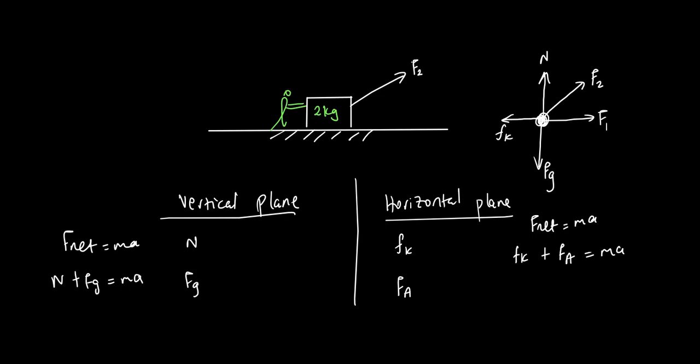So my question now is, since F2 is acting diagonally, do we say it's part of vertical or part of horizontal? Actually, I think that is what Mr. Kevin is asking. Do we say F2 is part of horizontal or part of vertical? I'd like to hear from you guys. Anyone, do you think F2 forms part of the vertical or the horizontal plane?